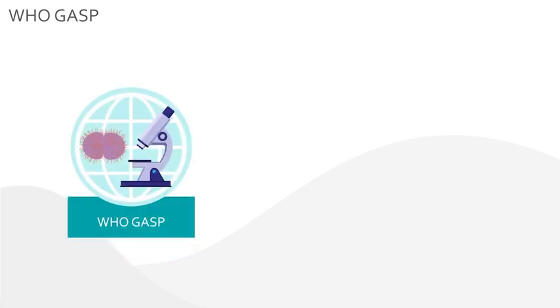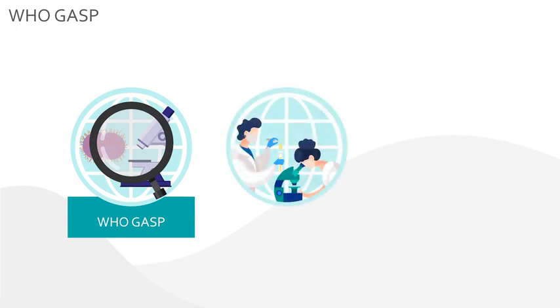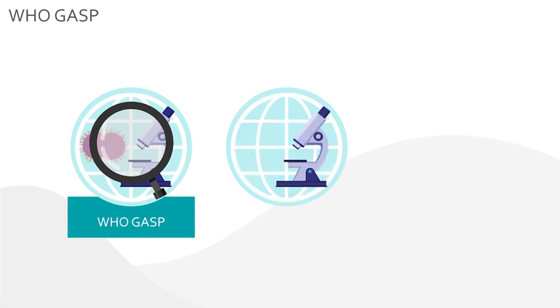Practitioners should also be aware of the WHO Gonococcal Antimicrobial Surveillance Program, or WHO GASP, that specifically focuses on monitoring global gonococcal AMR patterns. WHO GASP is a collaborative global network of regional and sub-regional reference laboratories. It was initiated in 1990 to monitor gonococcal AMR worldwide.